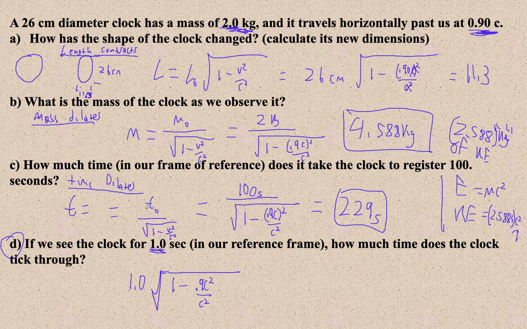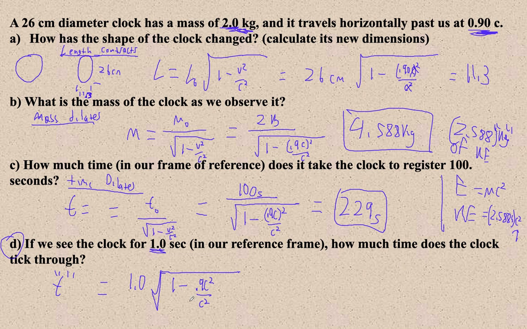Don't worry about what's the proper time or whatever. Just think about it: if the clock is ticking slower, it's going to be less time. So the time that we see, I'll put that in quotes, is going to be less, and to get less, you multiply by that factor.